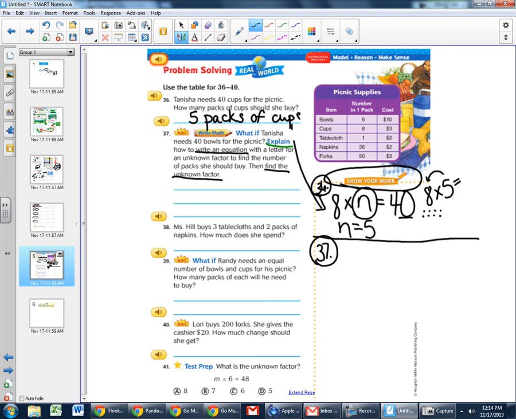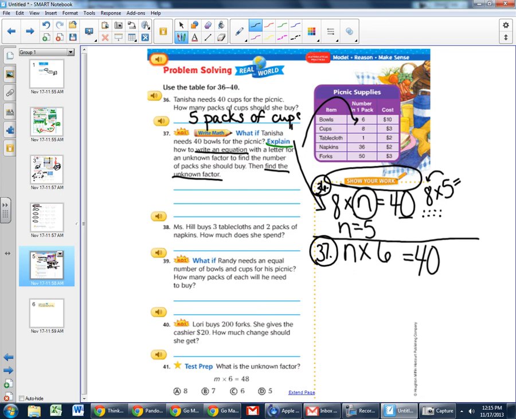She needs 40 bowls, so something has to equal 40 here. Write an equation. We don't know how many to buy, so that's going to be our n. And how many bowls come in a pack is 6.